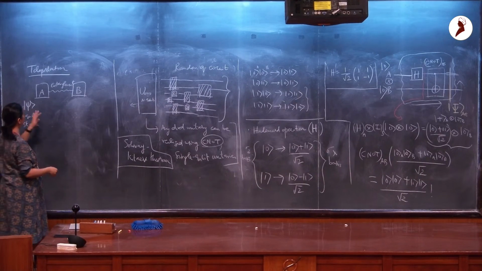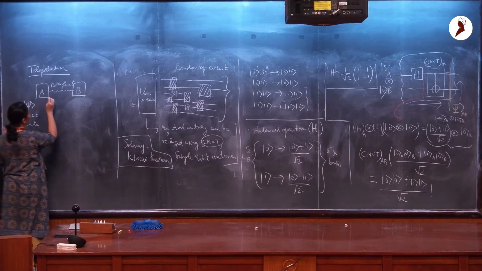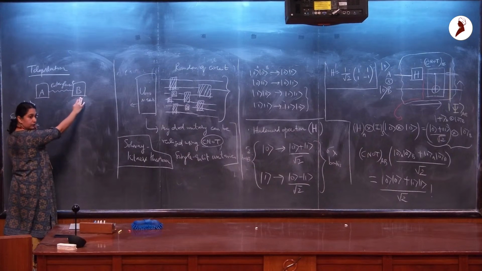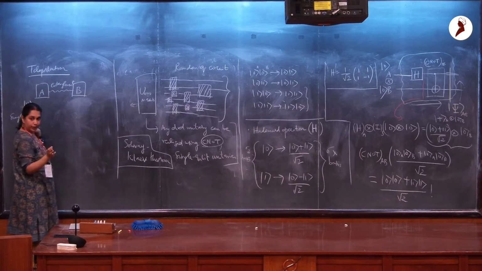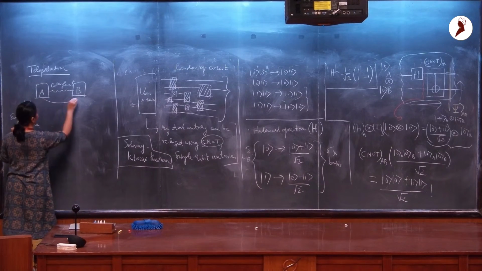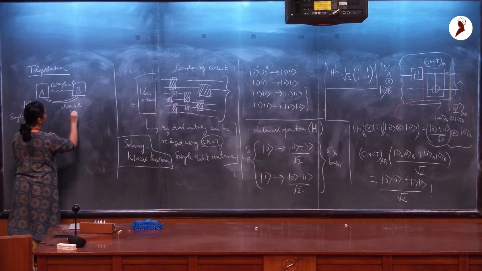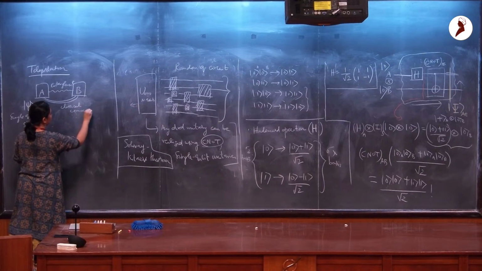The idea can be generalized, of course. And the task is for A to communicate this state to B. They are spatially separated. The only resources they have are, so I'm going to draw two lines here to say that this is a classical communication channel, okay?